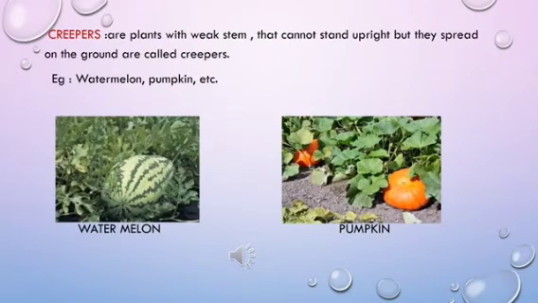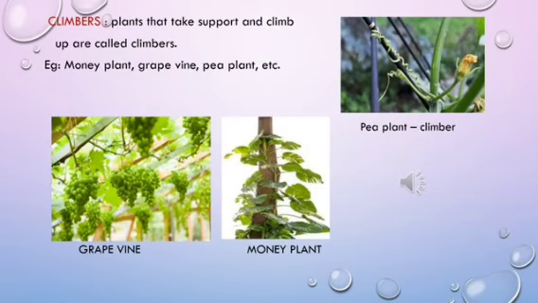Creepers. What are creepers? Creepers are plants with weak stem which cannot stand upright, but they spread on the ground horizontally. So these plants are called creepers. Example: watermelon, pumpkin. Climbers. What are climbers? Plants that take support and climb up are called climbers.